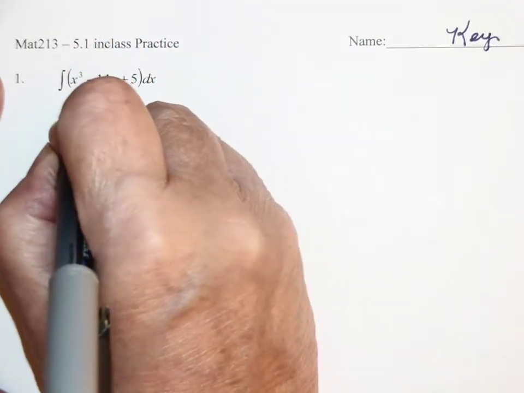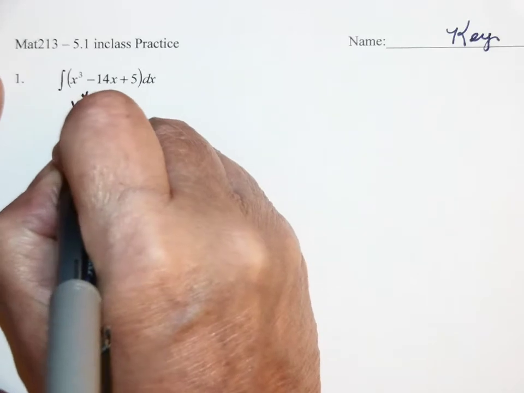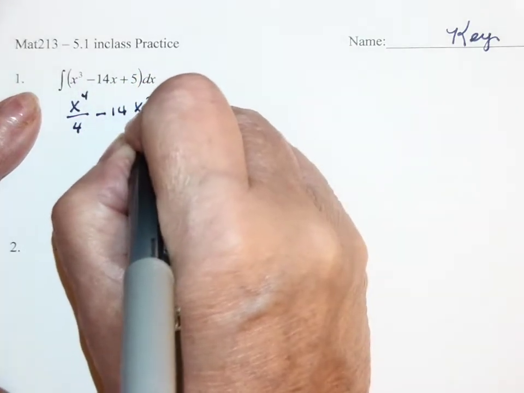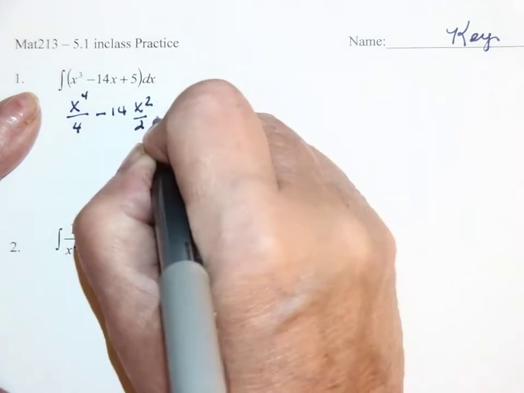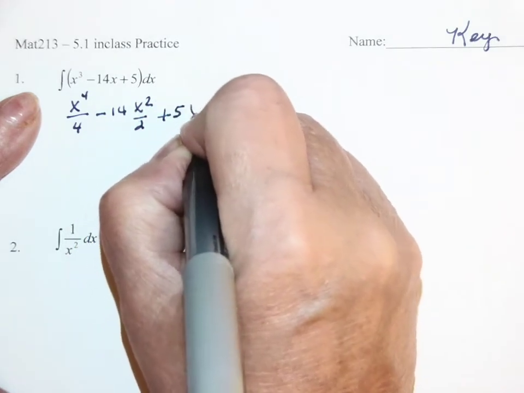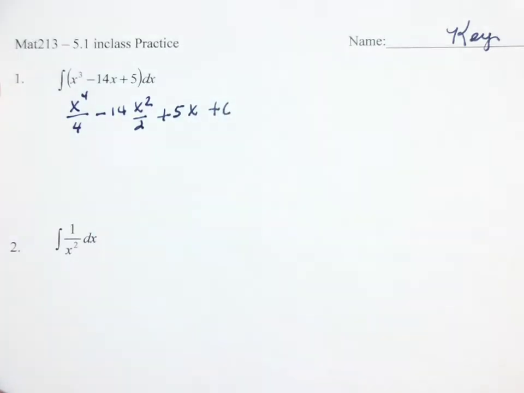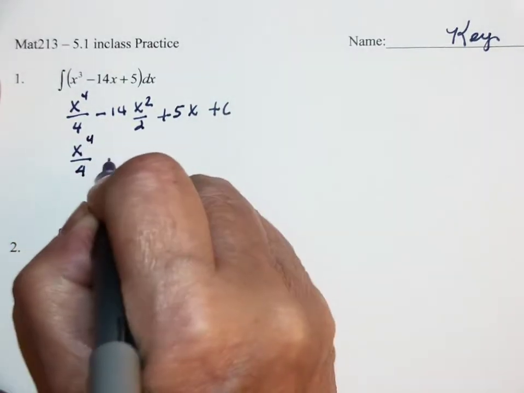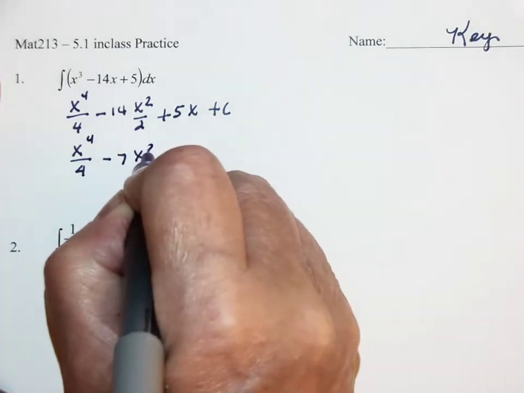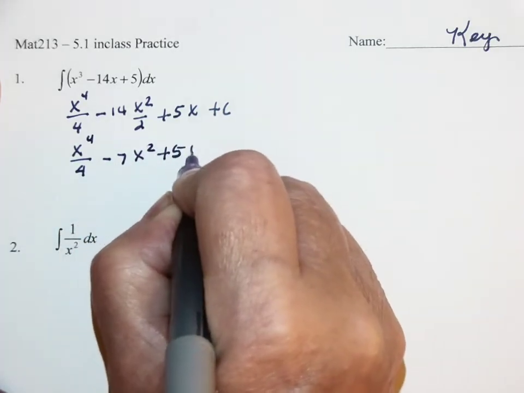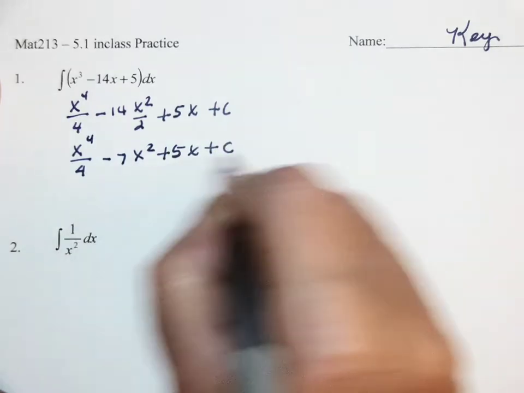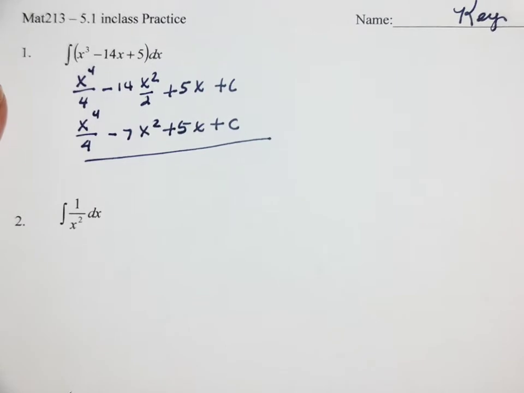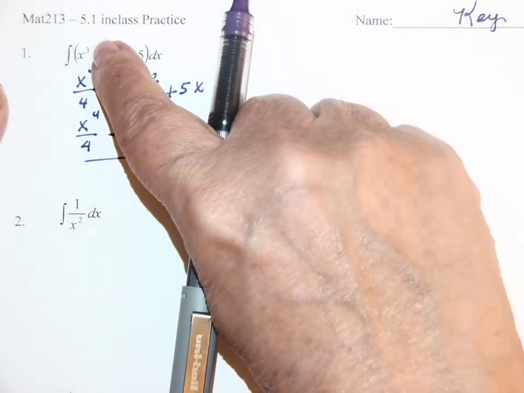Well, this would be x to the 4 over 4, add 1, minus 14x squared over 2 plus 5x plus c, or x to the 4 over 4 minus 7x squared plus 5x plus c as your final answer. So when you're integrating, you're adding 1.